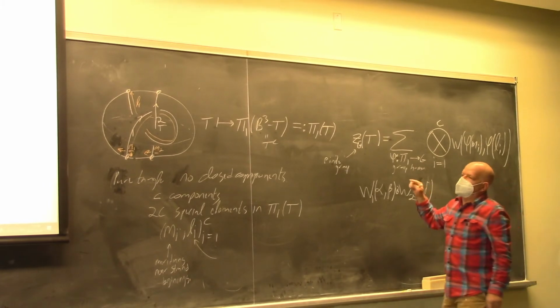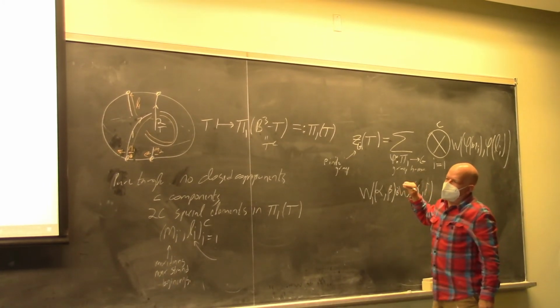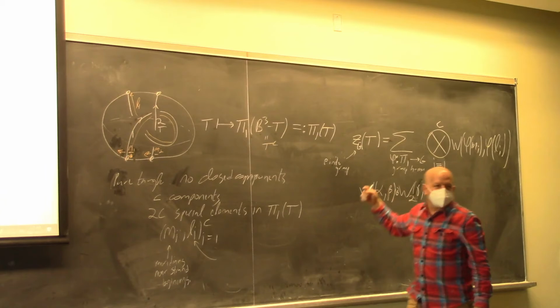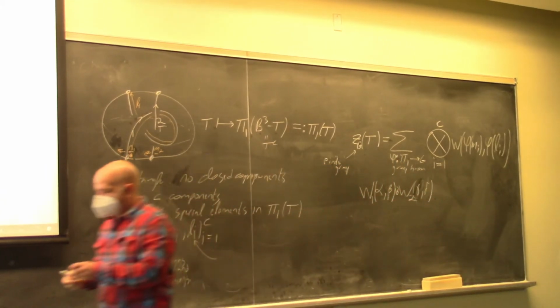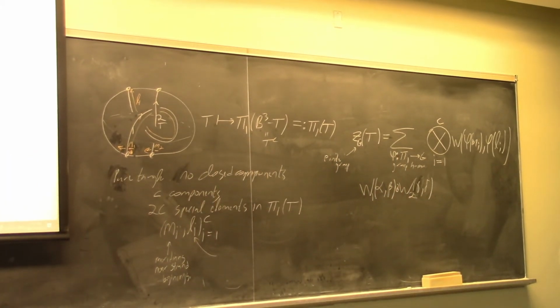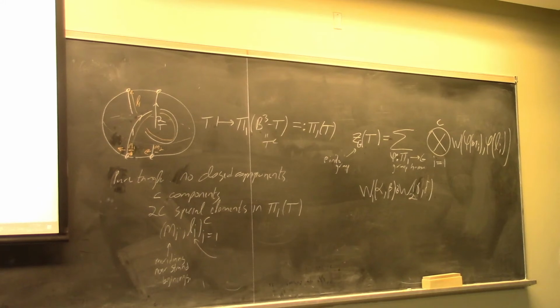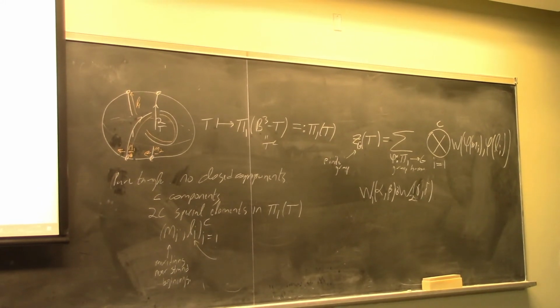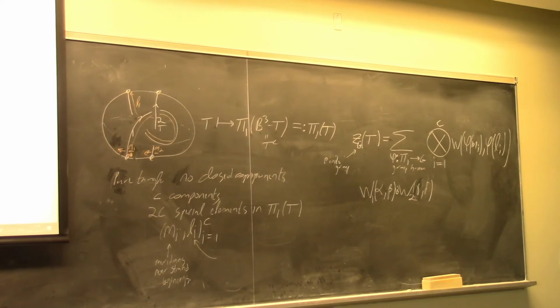So now I'm going completely backwards, right? So how did you find the phi on the longitude? I thought the phi acts on just the closed loops, the meridians, right? No, sorry.